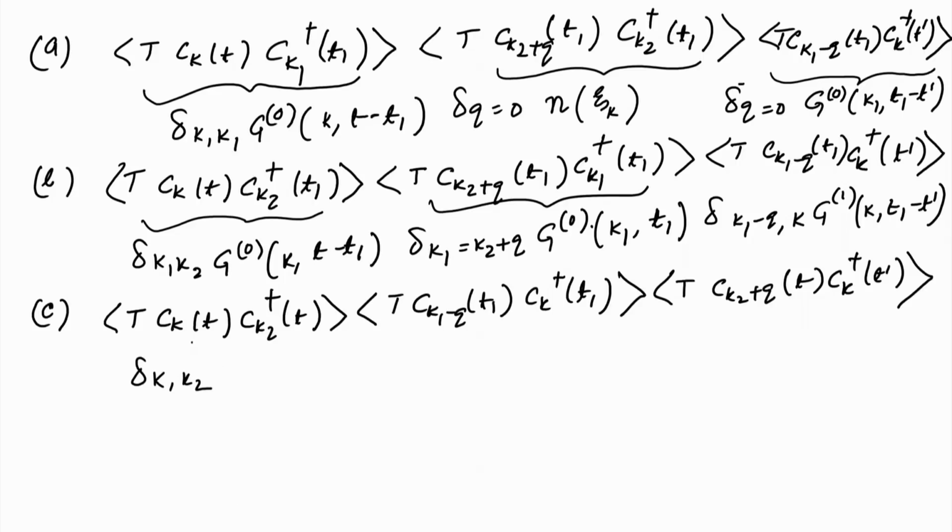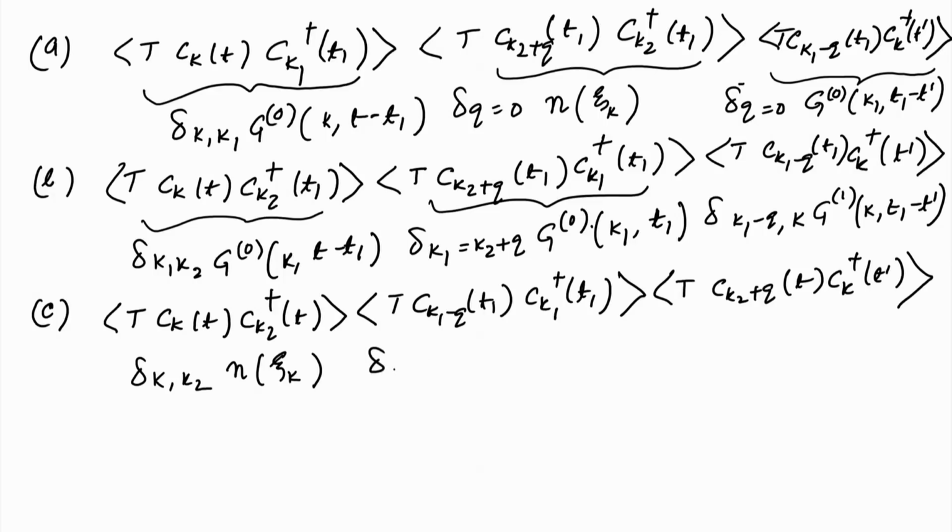Again this is at the same time, so this is equal to a number operator, a xi k, say for example. This is for k equal to k2, and this is actually k1.